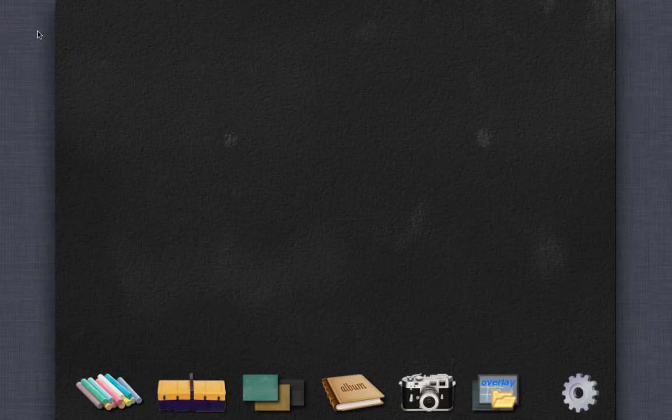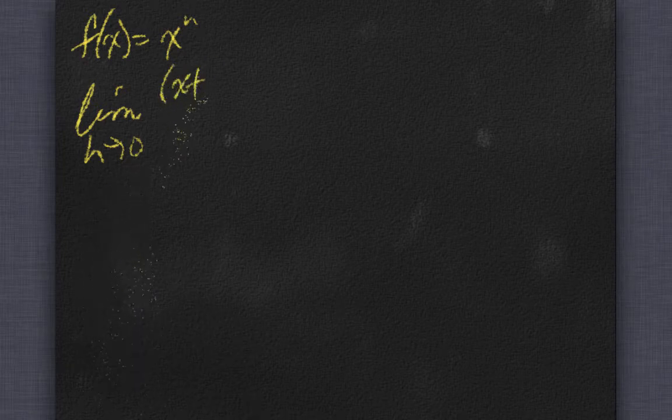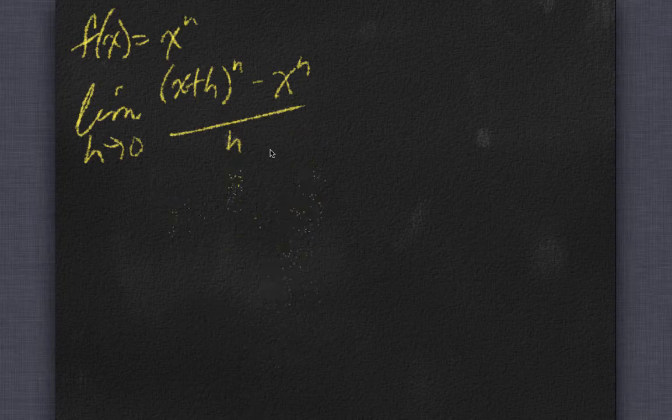Now, I want to make a point kind of about x to the n. So we would start out with the limit as h approaches 0, (x+h) to the n minus x to the n over h, right? But let's talk about (x+h) to the n.